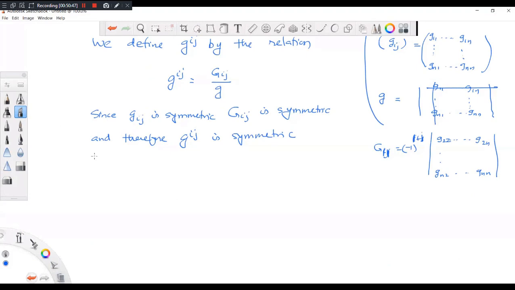Now you look at this one, gij into g upper ij. You take the product. Okay, so what is this? g upper ij I replaced by this one, Gij divided by G. Okay, now can you tell me what is this gij into capital Gij?